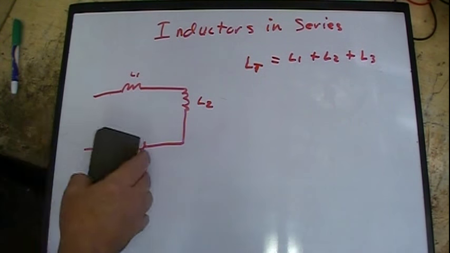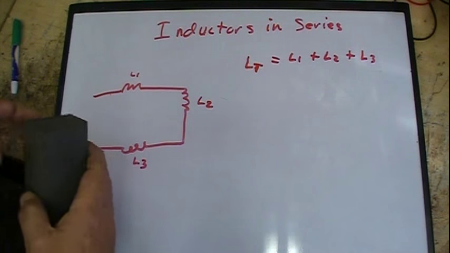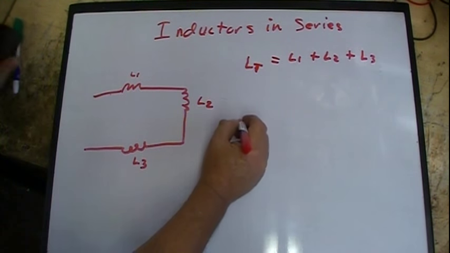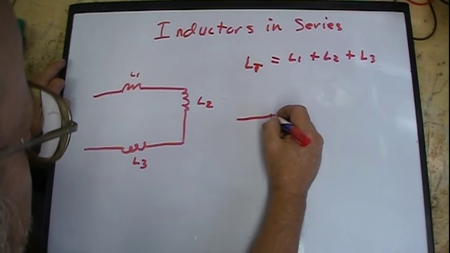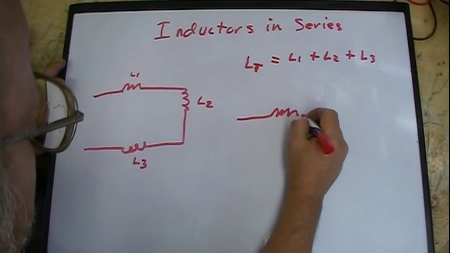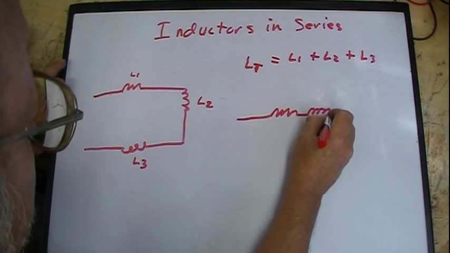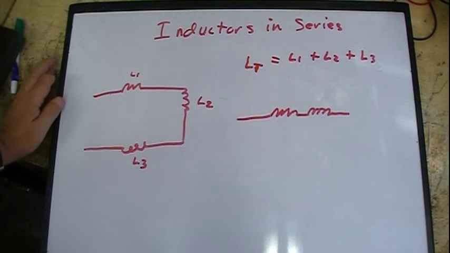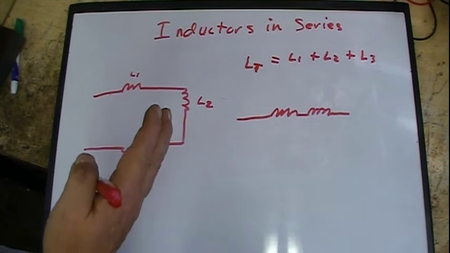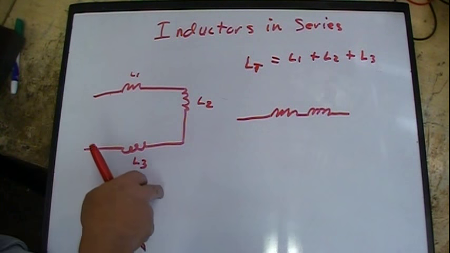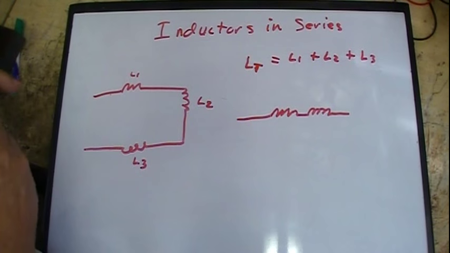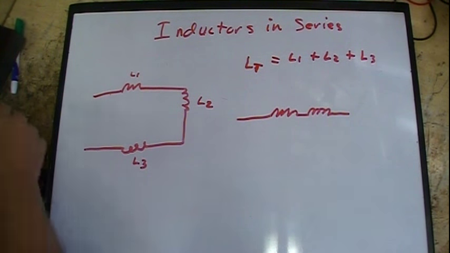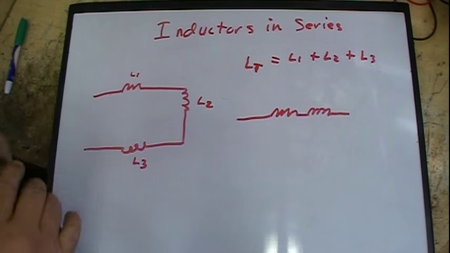Now if they were actually fairly close together, where I would have a circuit where I'd come along and take, say, one inductor here and then another inductor here, and they're pretty tight together, like around a band switch or something like that, instead of having an inductor on one end and then a little ways away another inductor and then another inductor, where they're separated by a few inches.